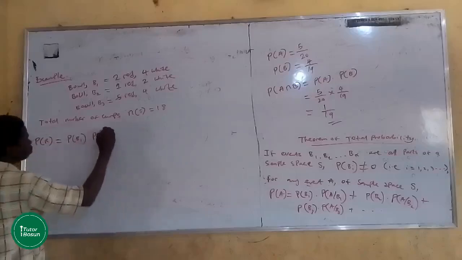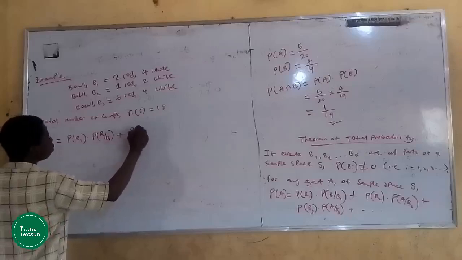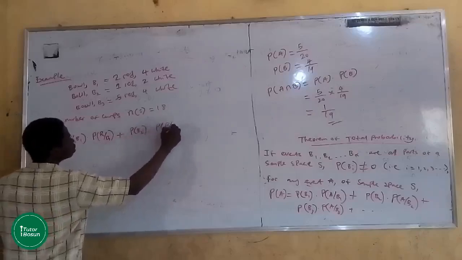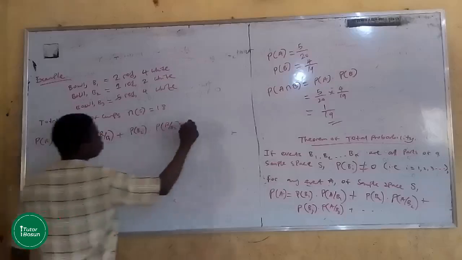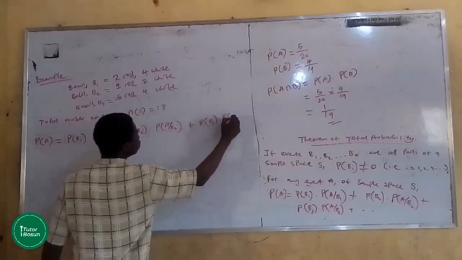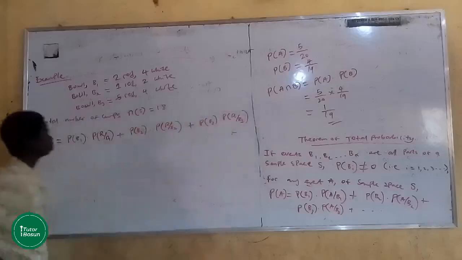P(B1) times P(R given B1), plus P(B2) times P(R given B2), plus P(B3) times P(R given B3).